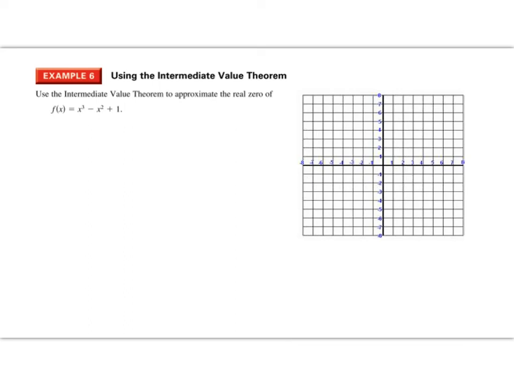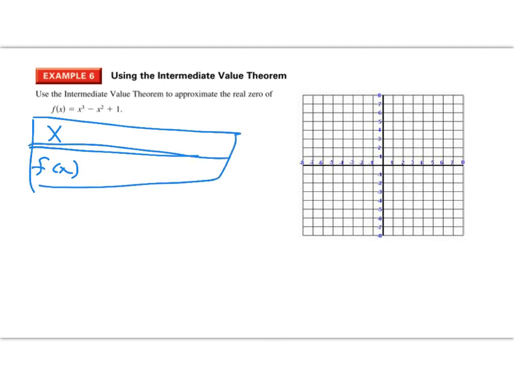So I'm first going to just look at some easy points to take a look at, and that's going to tell me if I have some zeros or not. So we're looking at -2, -1, 0, and 1. So if I plug in -2, I end up with a -11.